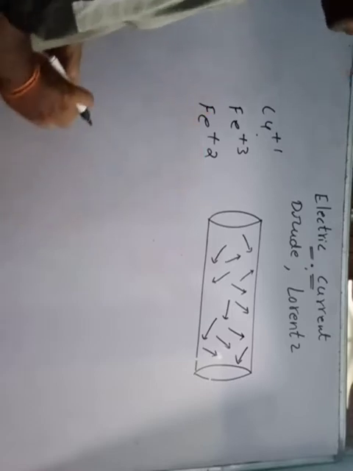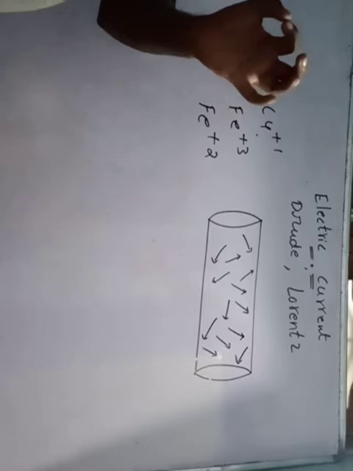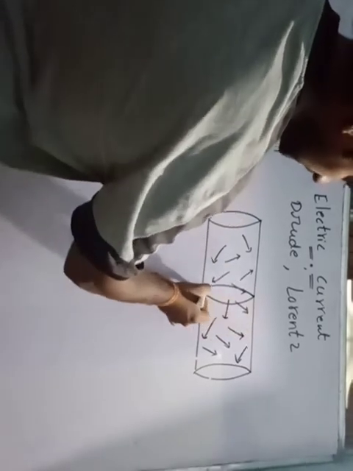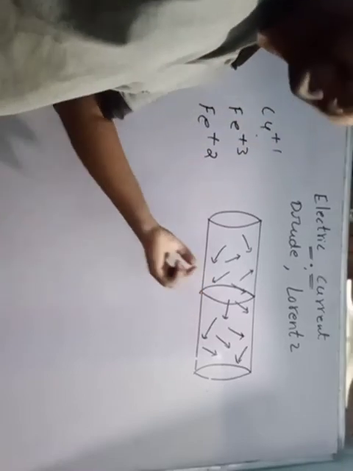First take one small cross section. Cross section means a small area.